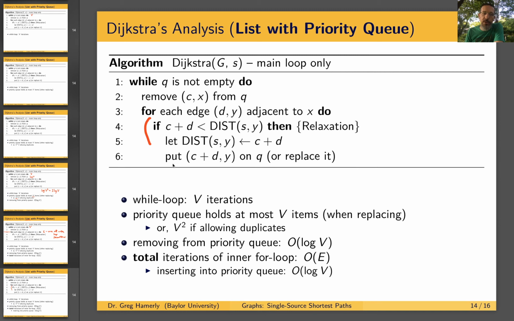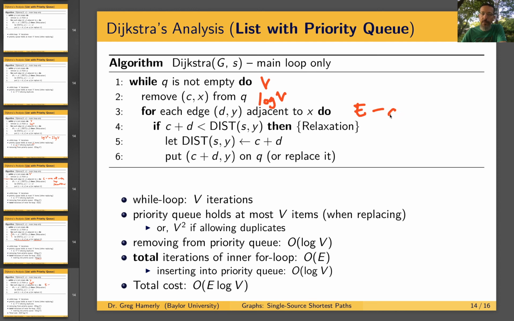But if we have to put something into the priority queue or replace it, this costs us log V time. So the total cost for this algorithm is we have order V iterations here. This is log V here. We have E over all iterations here, and then we have log V to insert or replace on the priority queue. So what is the total runtime?